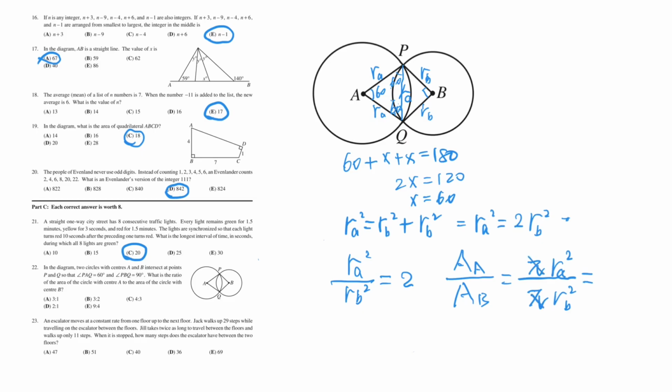Cancel the pi, that's RA squared over RB squared, which is 2. That means 2 over 1. So the ratio of the areas is 2 to 1. That's the answer D.